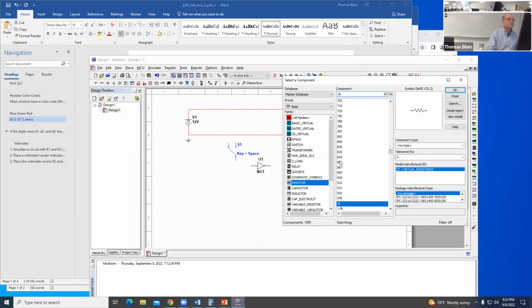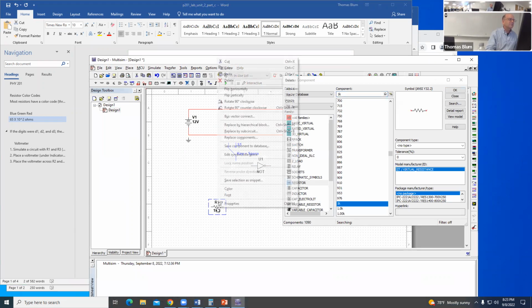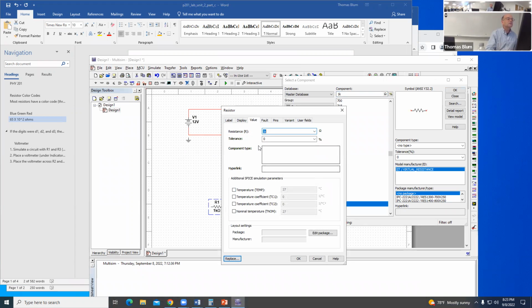Let me just get a resistor and change its properties. Then I could do 6500. That would be legit. I don't think it's going to allow me to write 10 times 10 to the 2 in here, but it will allow me to write the 6500, or I could write the 6.5K. Both of those it will allow.